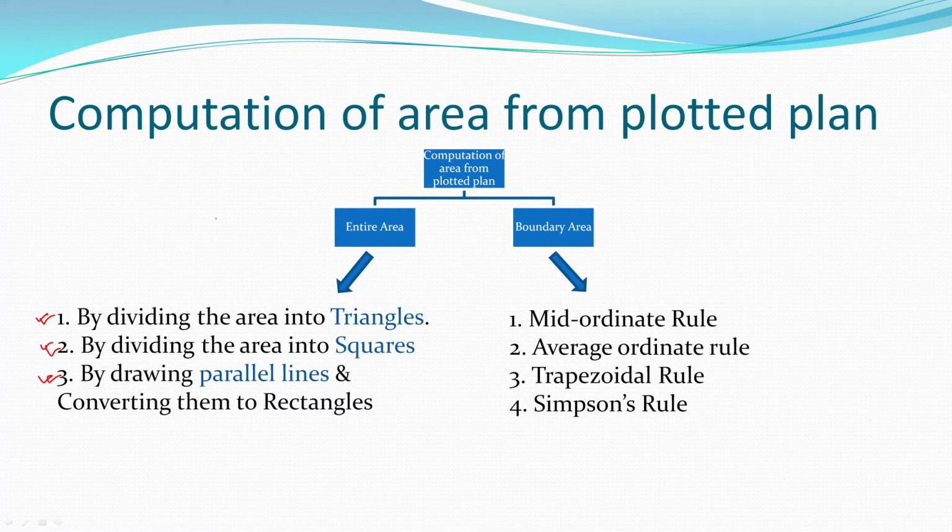So if we consider the entire area, let me show you the first case. If you divide the area into some small triangles, suppose we have an area something like this, what you need to do is make some triangles.